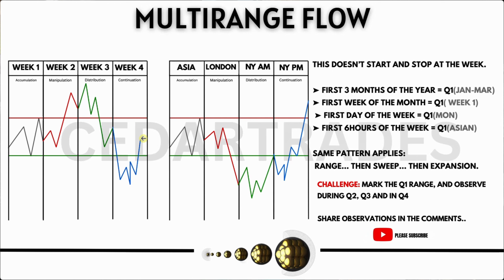So this same pattern applies right here. The range is created, then we sweep, then we expand. Range created. So let's say this is a whole month right here. First week right here will accumulate, second week go below 50% of the first week, and then we see a move higher. So this is 1 week in this whole quarter here.